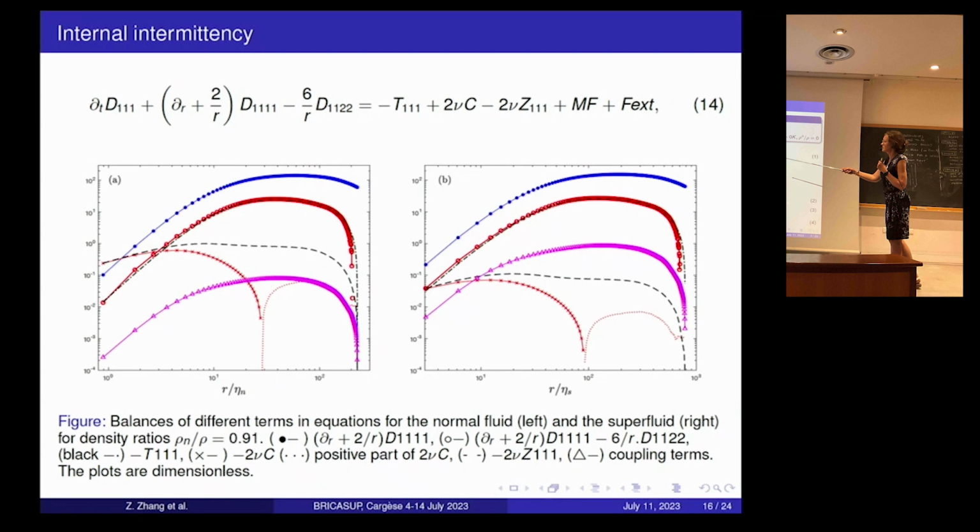We look at what happens now for the two cases. The ratio of the density of the normal fluid to the superfluid is 0.9, almost 1, so a lot of normal fluid, high temperatures. This is for the normal fluid, this is for the superfluid. I kept the same order.